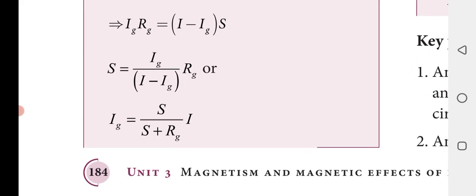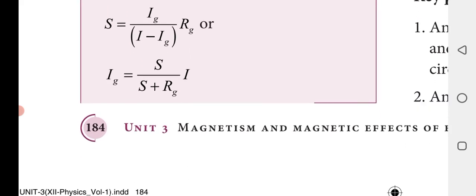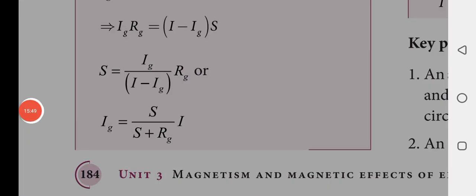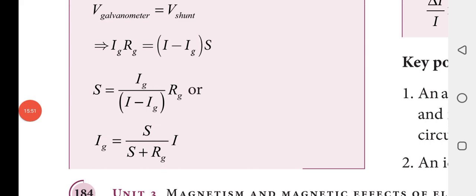Or if we want the Ig value, Ig is equal to S divided by (S plus Rg) into I. Here S divided by (S plus Rg) is a constant value that can be taken as a proportionality value, directly proportional to S and inversely proportional to S plus Rg.